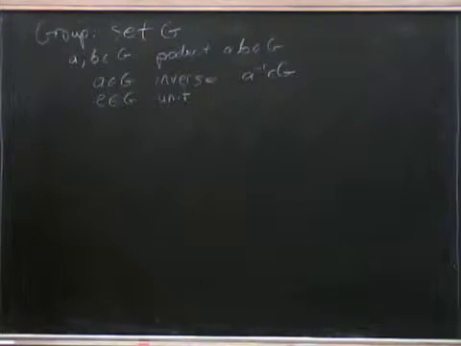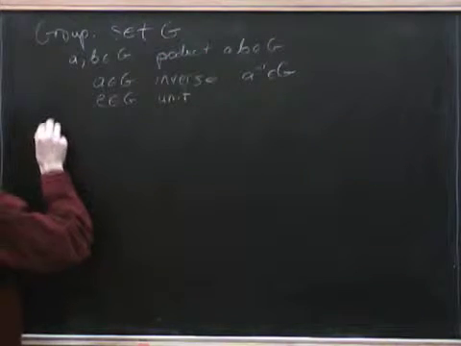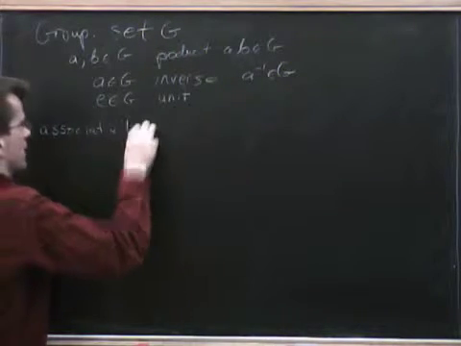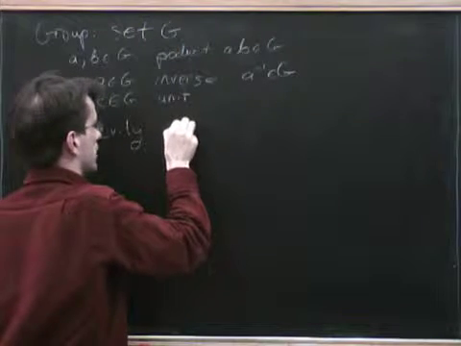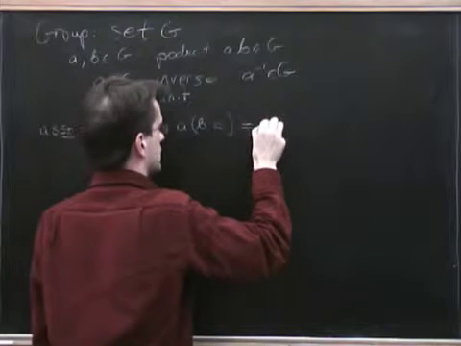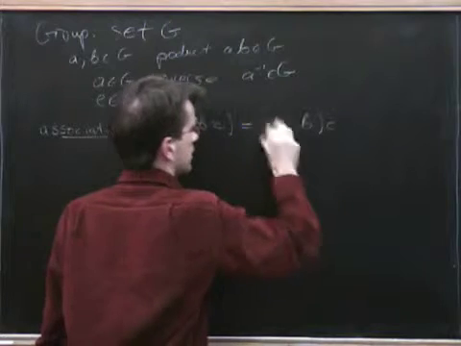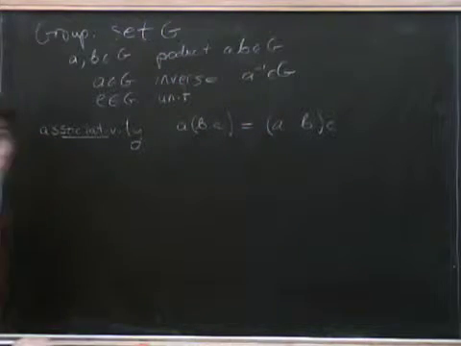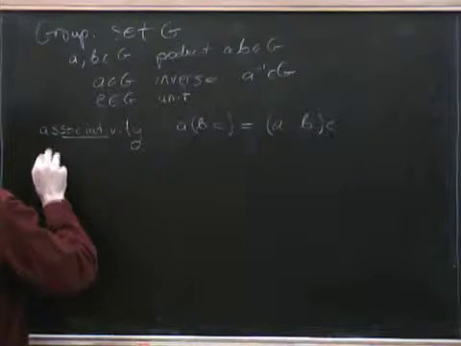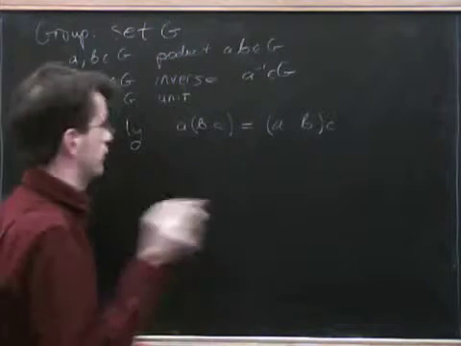And this data has to satisfy various properties. Precisely the properties that it has to satisfy are, in no particular order, firstly associativity, which says that if you take A, B and C, you multiply B and C together, then that's the same as doing it the other way around, A, B, C, doing A times B first, and then C. Then let's do the unit one now, since it's the inverse one that's going to cause us a bit of trouble later.